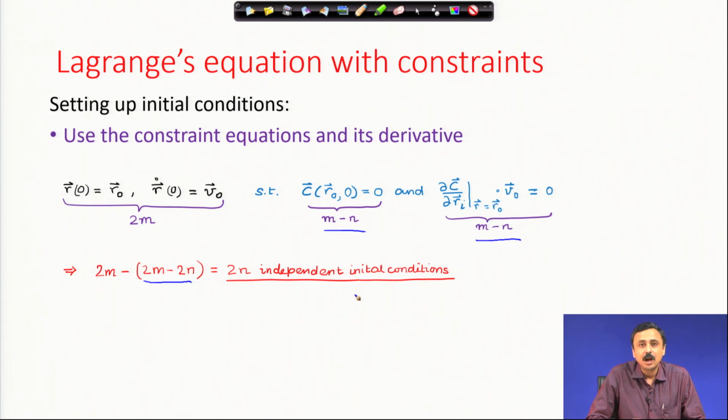So, we have discussed how to eliminate the Lagrange multiplier in the differential equations to obtain a self-standing set of equations involving only the physical coordinates, and the initial conditions must be chosen carefully, satisfying these constraints. So, that completes our discussion on Lagrange's equation with constraints.